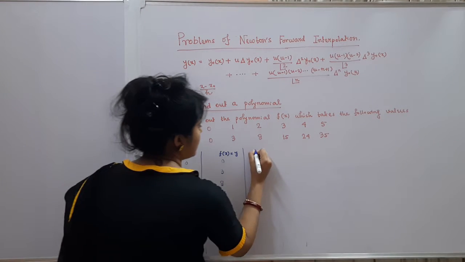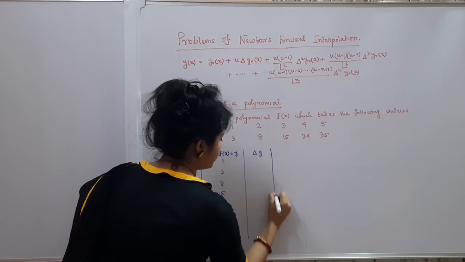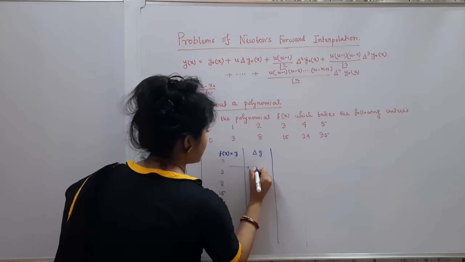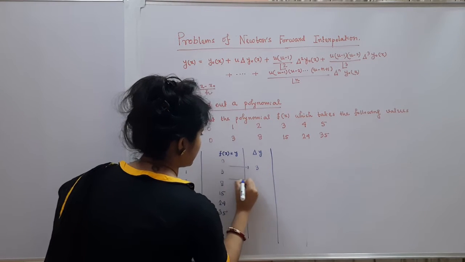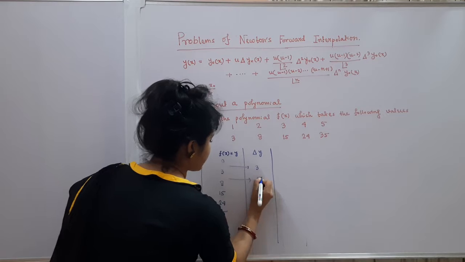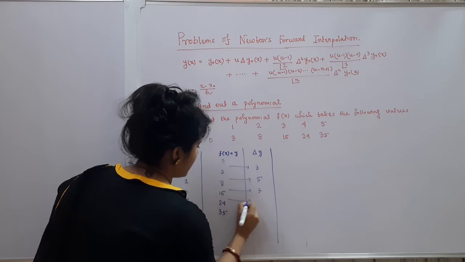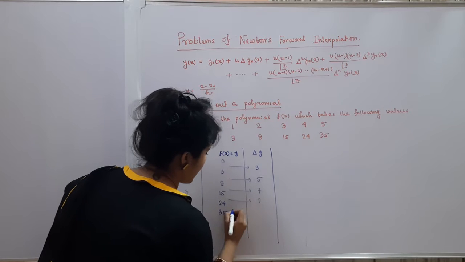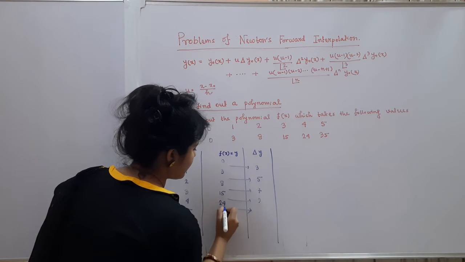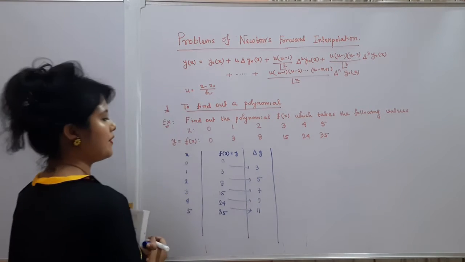Okay, so the first difference is delta y. Now delta y is 3 minus 0 is 3, 8 minus 3 is 5, 15 minus 8 is 7, 24 minus 15 is 9 and 35 minus 24 is 11.